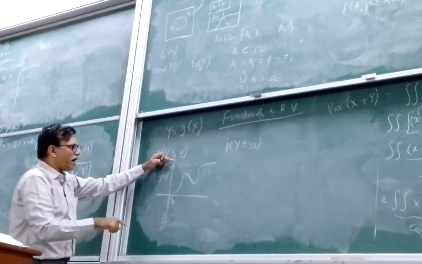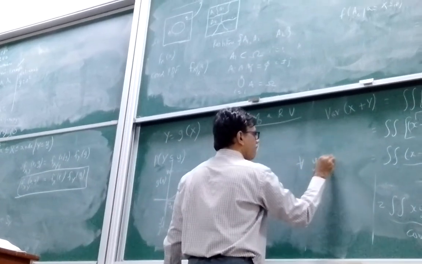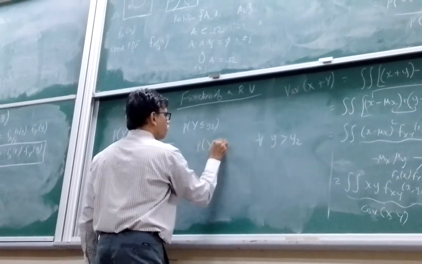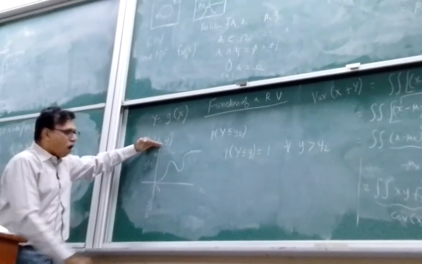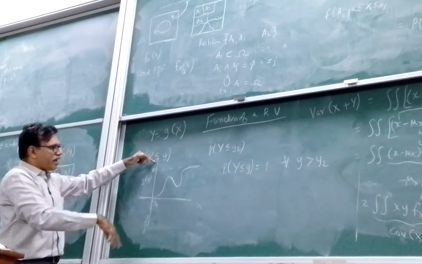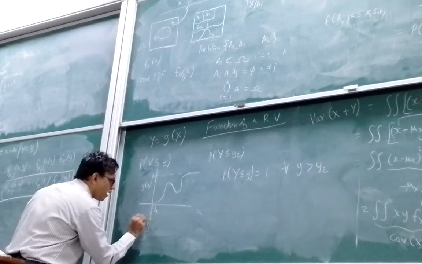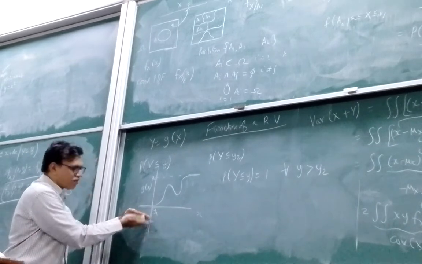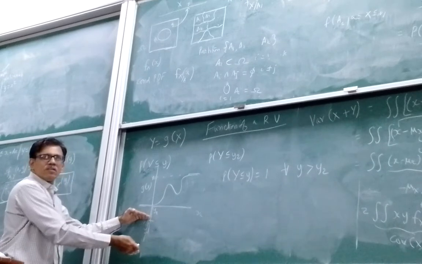So for any given y which is greater than y2, the probability will be equal to 1, because all x will lead to a value of y which is less than y2. Similarly, if I ask for any y here, what is the probability that random variable y will take a value less than this one? No value of x can map to a value of y which is less than this one.